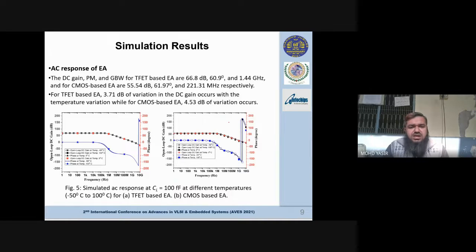Here we can see that all except phase margin are much better in the TFET case, while the phase margin is about the same in both cases.